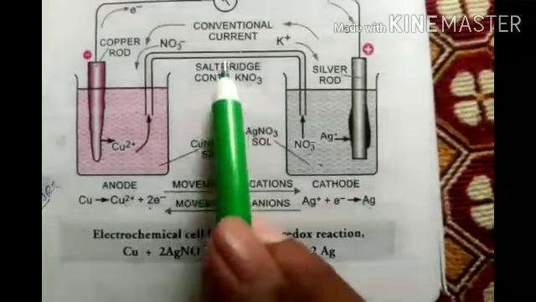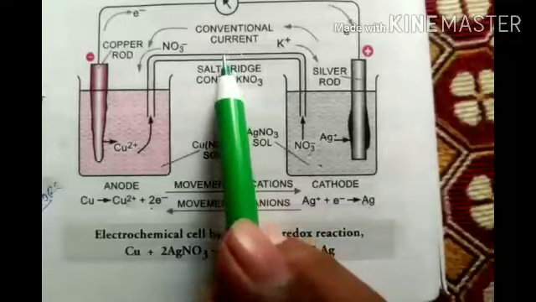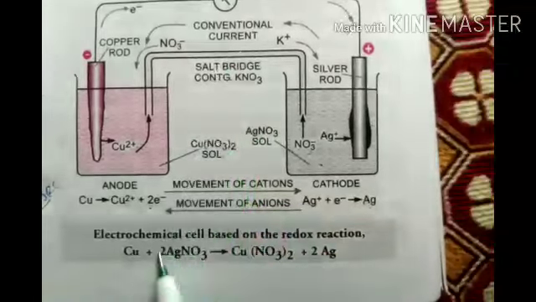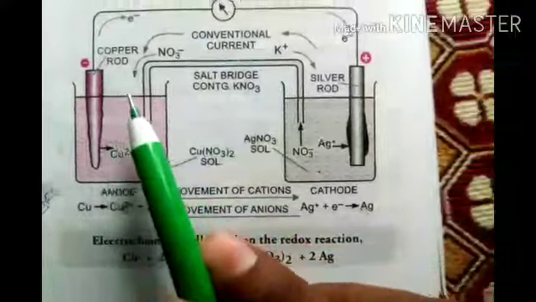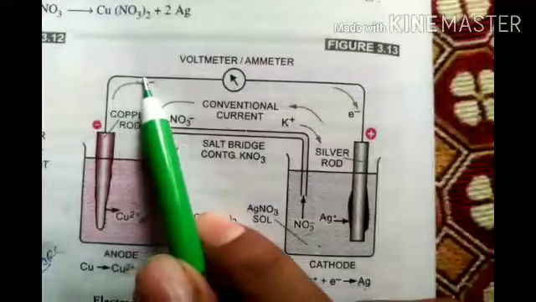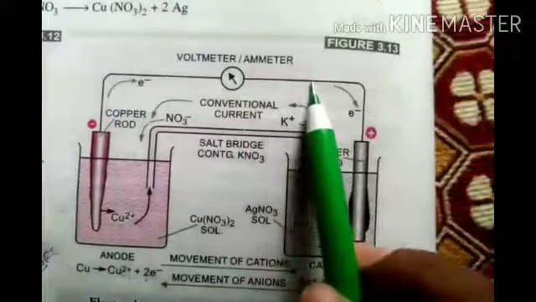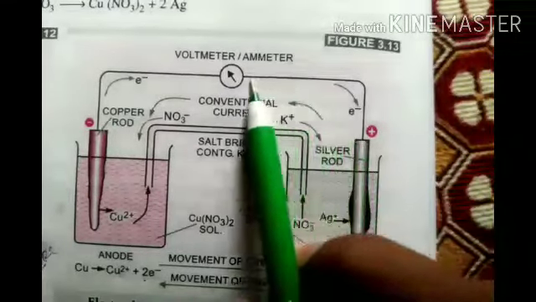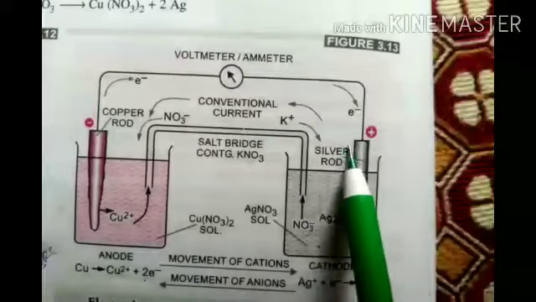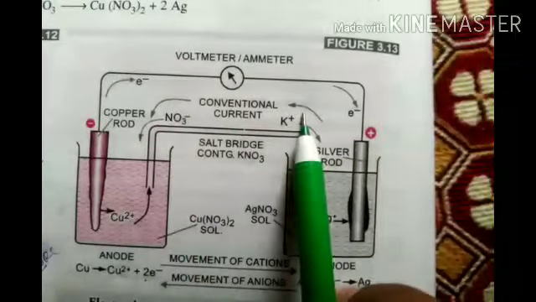Anyway, both will meet at one place. So the copper rod is producing electrons, and electrons are moving like this. At that time, current will go in the opposite direction. Conventional current is going in the opposite direction. Look at these arrow marks.